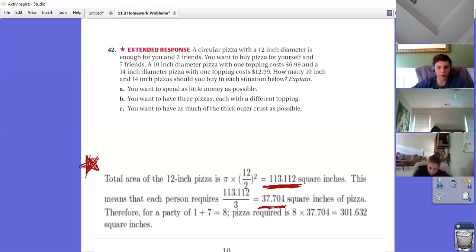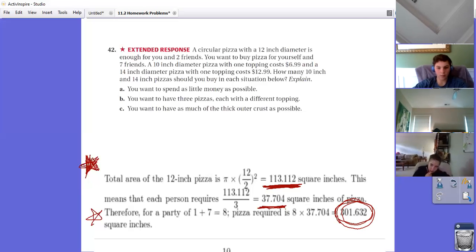Now for the next sentence, a party of 8, you take 8 and multiply that by 37.7. That'll give you how much pizza you need for you and 7 other friends. This number right here is how much you need: 301.6 square inches of pizza.